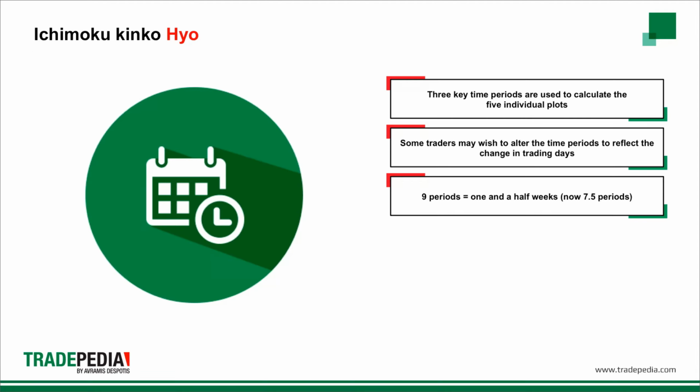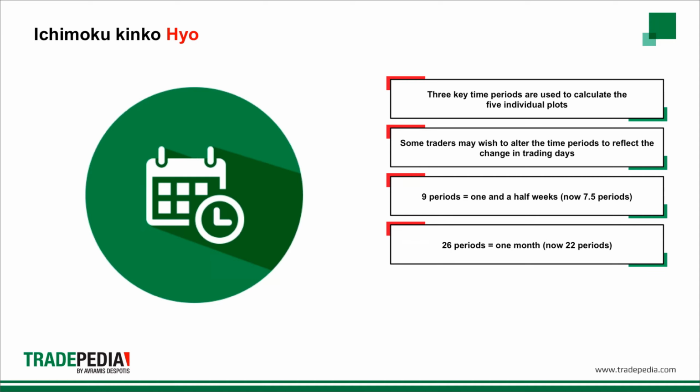So we might need to tweak it a little bit. The default period that we have, the first one, is 9 periods, representing 1.5 weeks previously. Now it's changed to 7.5 periods.